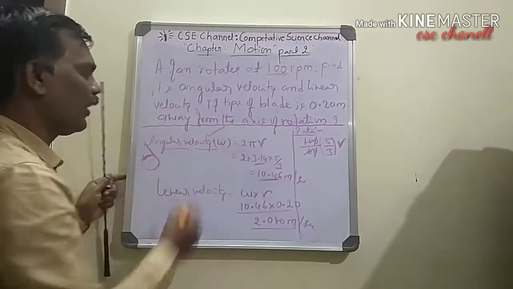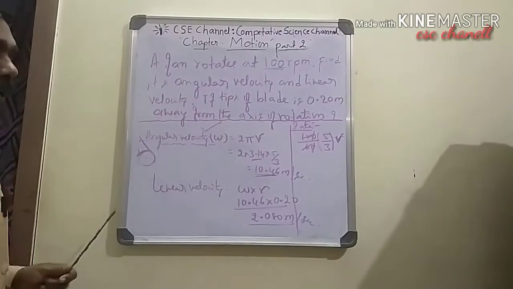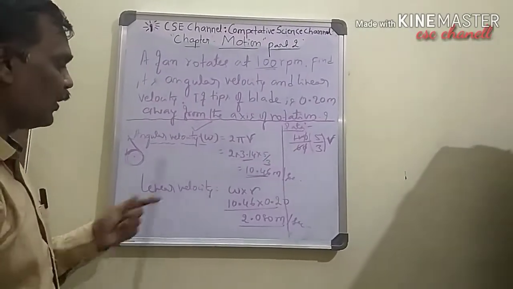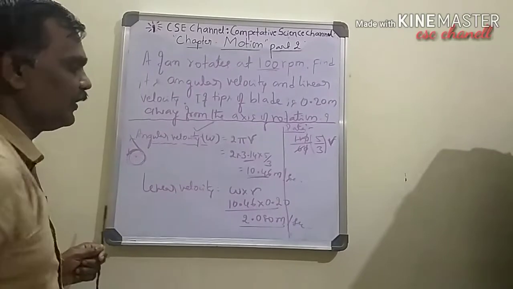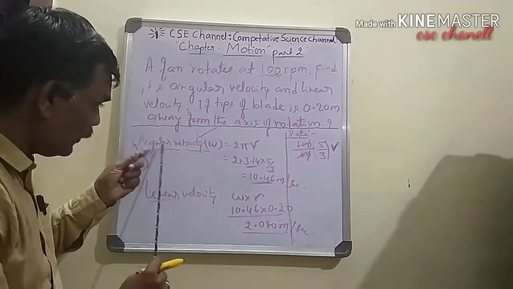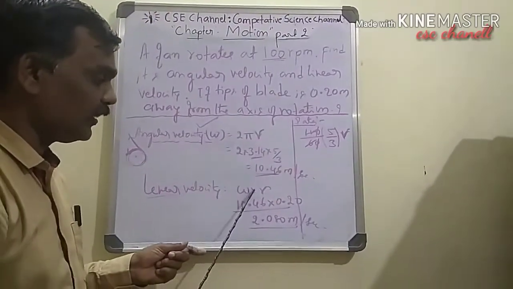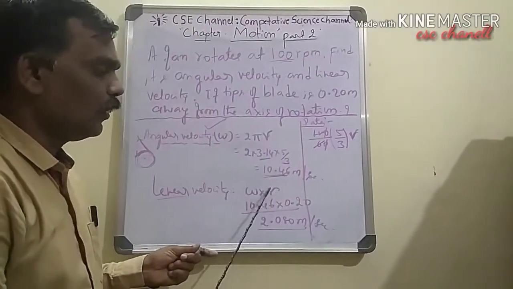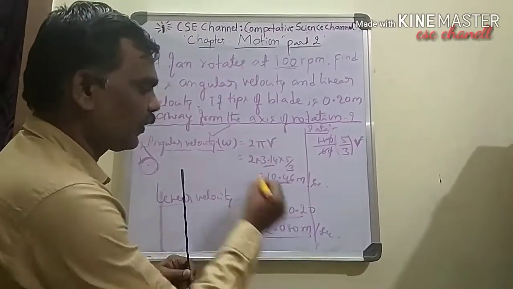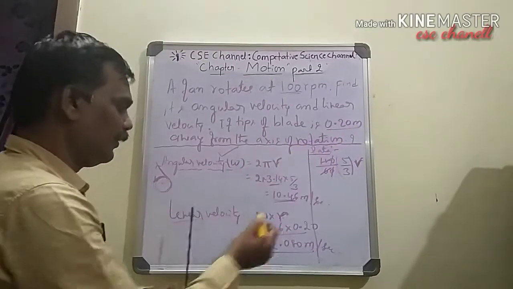This is the angular velocity. Now coming to linear velocity, the straight line velocity. The relation between angular velocity and linear velocity is that linear velocity equals angular velocity into the radius of the blade.